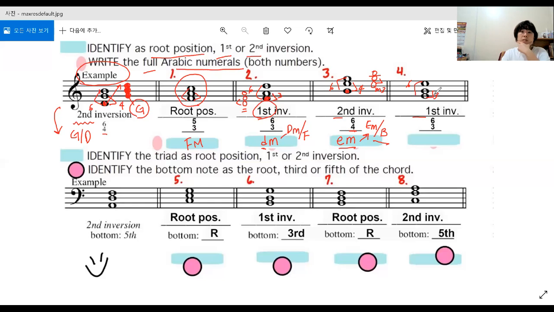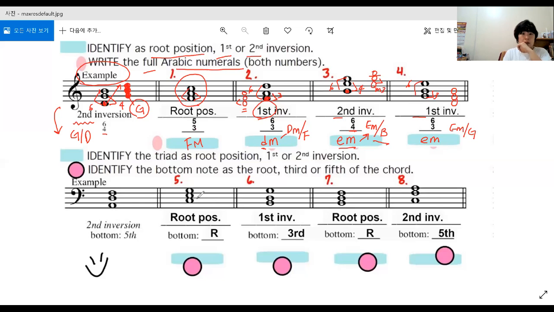So here, this is first inversion, then the top one, you just put it down. Then you just remain G, B, put it down, E. E, G, B, it's the same. E minor, but it's first inversion, so E minor slash G. Okay, easy, right?